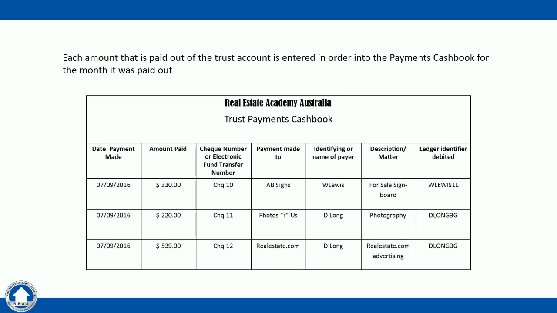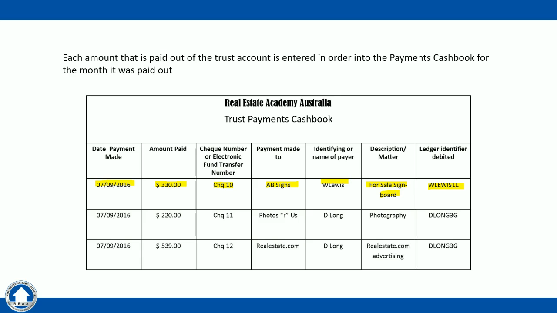So once again, if I just go through the details, you can see that the information we have is the date that the payment was made, followed by how much it was that we paid out for $330 with a check number 10, and we made the payment to AB Signs on behalf of W. Lewis, which is the ledger that we've identified at the end, and the description for the amount that we paid out is a for sale signboard.